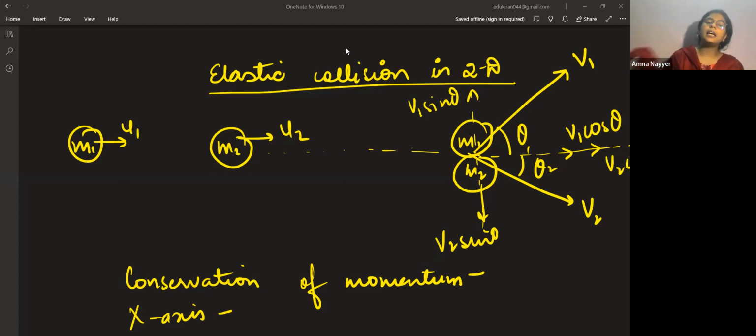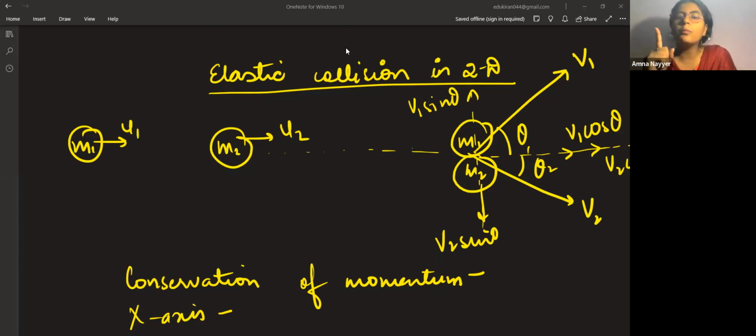Understood? See, elastic collision in 2 dimensions. Along the x-axis, we'll be solving separately. Along the y-axis, we'll be solving separately. Why? Because earlier, whenever we did either elastic collision in 1 dimension or inelastic collision in 1 dimension, only one component changed, that was changing along the x-axis, which was the velocity.